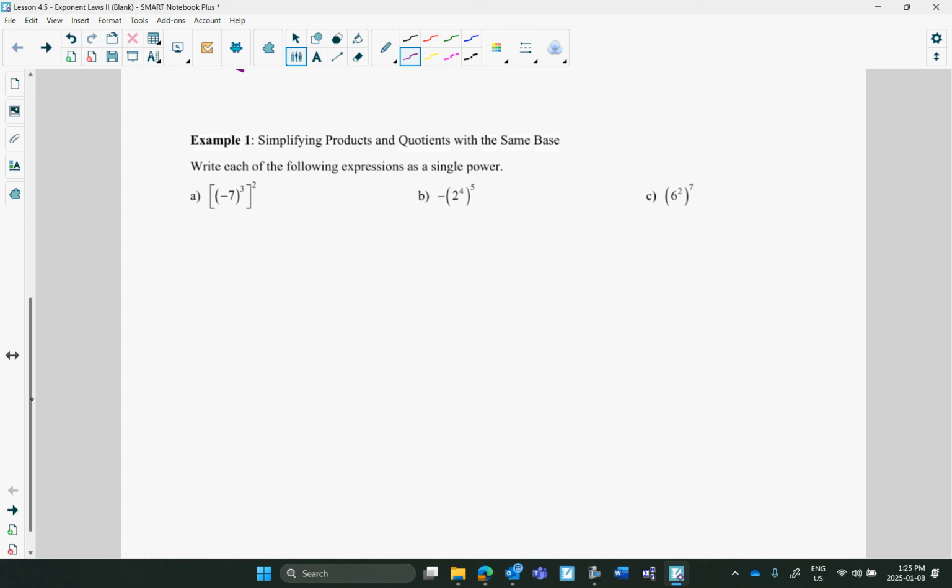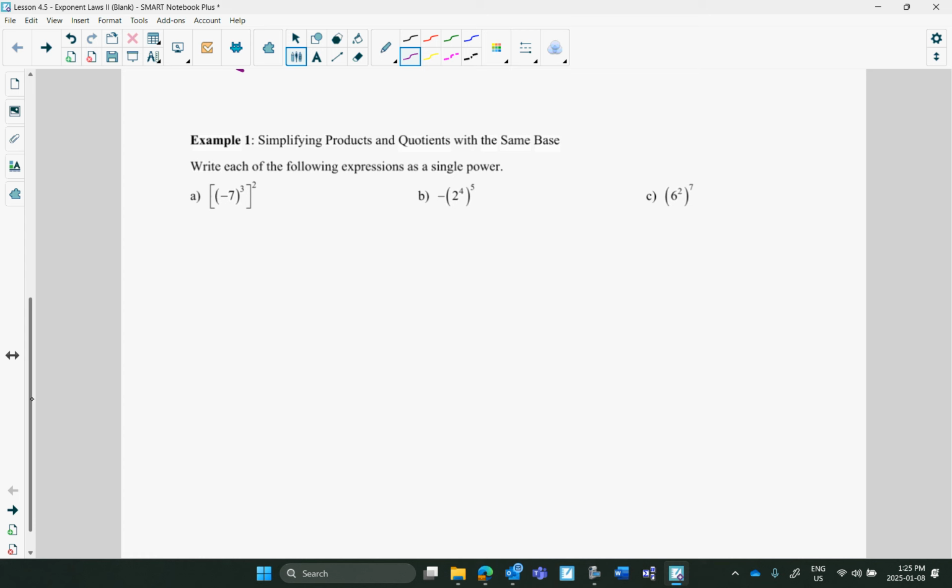What would this be? You're not asked to find the answer. You're not asked to evaluate it. Just write it as a single power with a single exponent. What would I do with the exponents? Multiply them. If they're beside each other, right? If one is right beside the other one, it always means multiply. And what happens to the base?